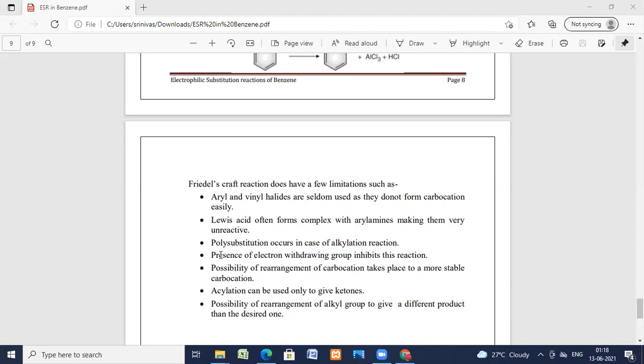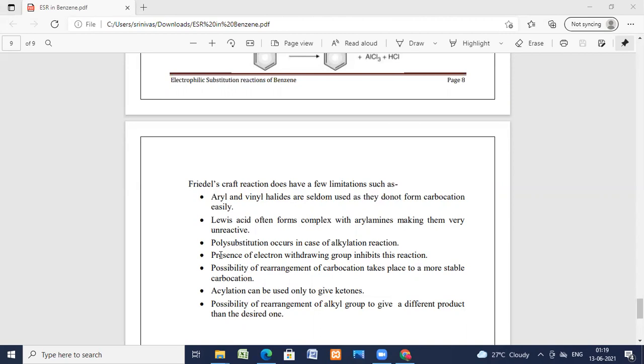This can be explained on the basis of the formation of the n-propyl cation, which rearranges to the more stable isopropyl cation, which attacks benzene forming isopropyl benzene. So this reaction is the best example of evidence for electrophilic substitution.